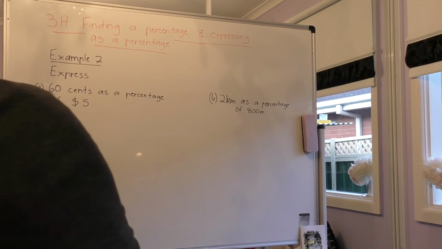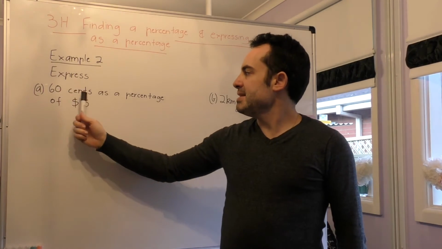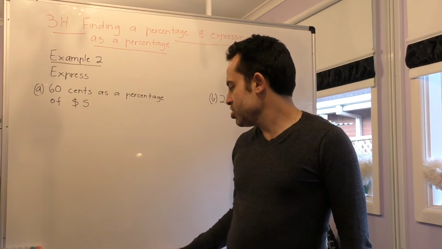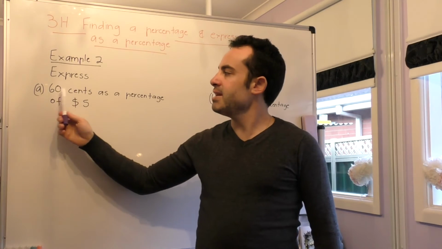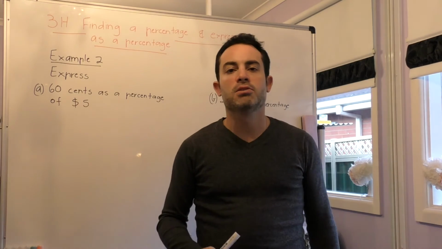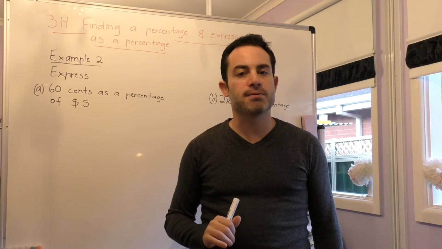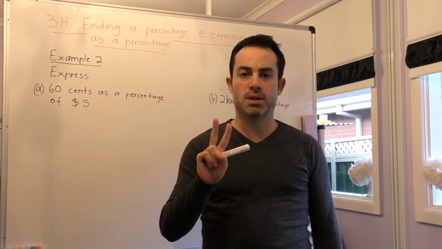Now we're doing example 2. It says express 60 cents as a percentage of $5. What you will notice is they've given us the amount in cents there, and the amount in dollars there, so it's not going to be 60 over 5. What you need to do is convert both of them to dollars.